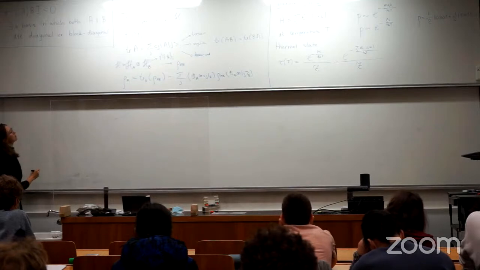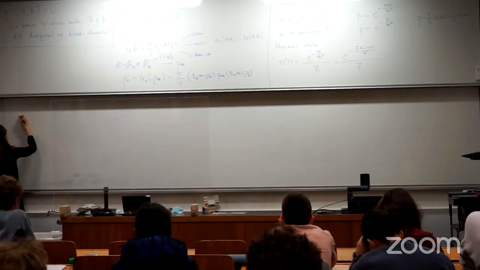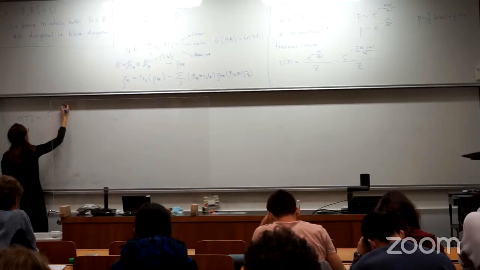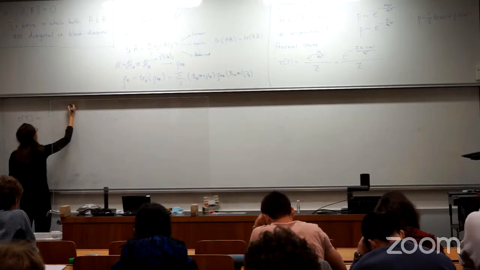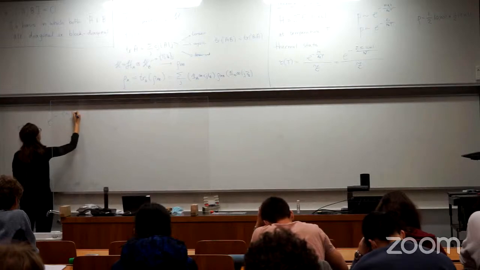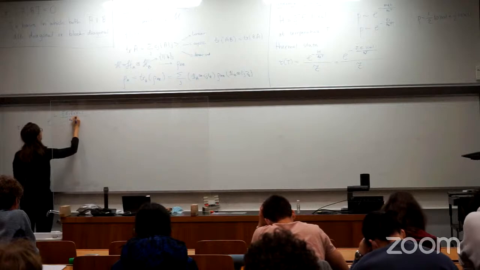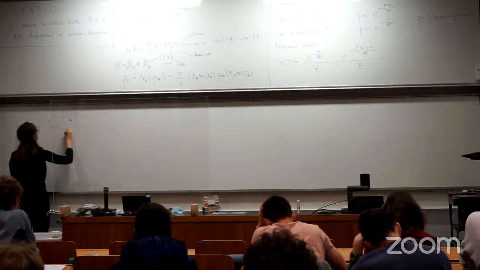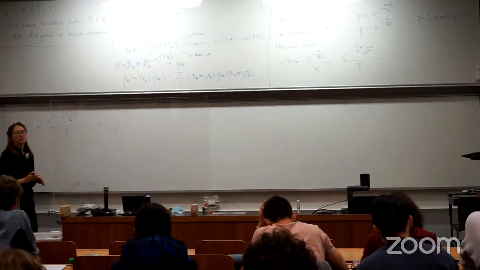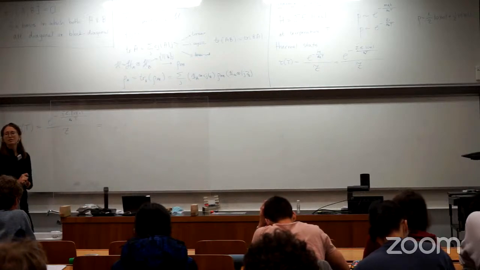So tau of t equals that exponential over Z. So what will be the answer? Feel free to speak. It's fine to make mistakes.